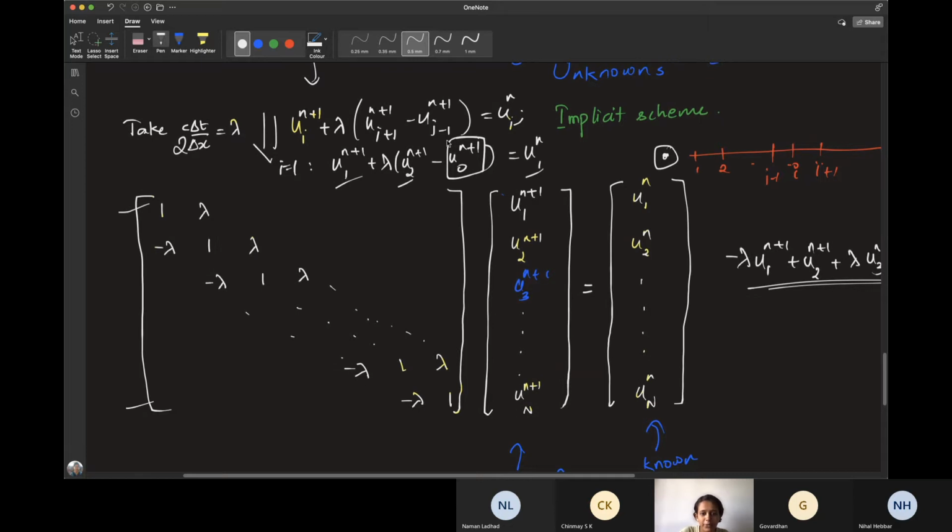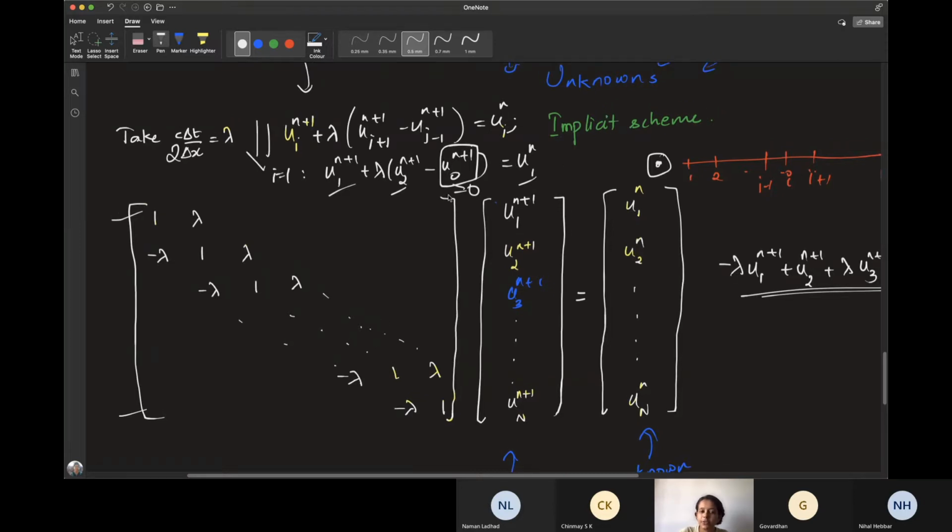So what I'm doing is I'm just taking this to be 0 here, or instead if you don't want to take it to be 0, you can just take this term to the right hand side, because this is a boundary term. If you are given a problem, you'll know the boundary condition. Our grid points start from 1.